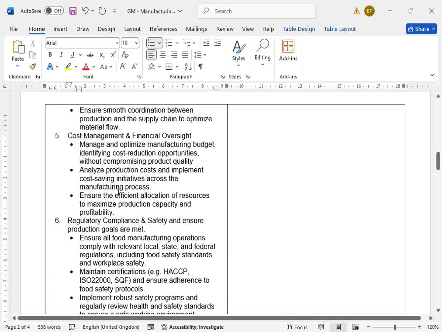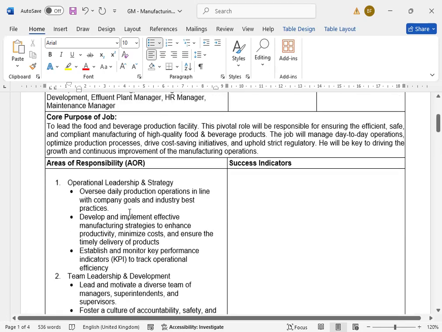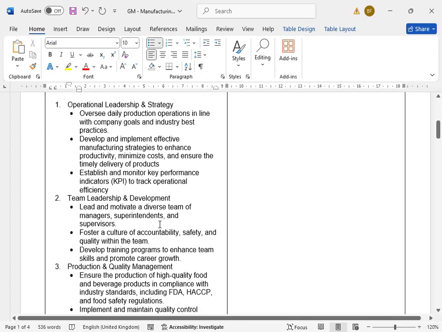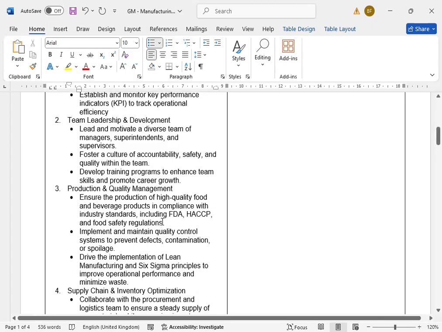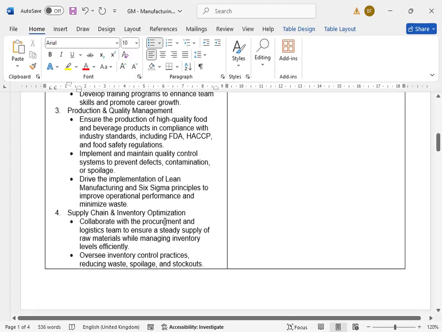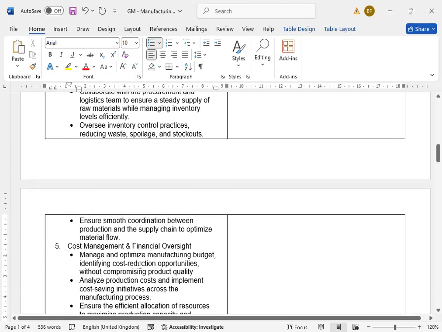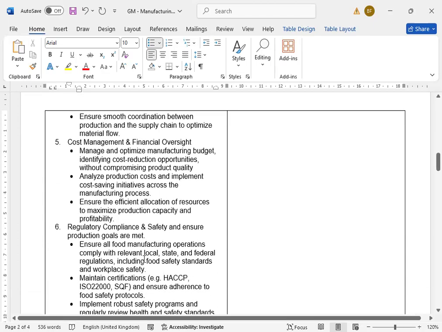So I have done already. Okay, operational leadership and strategy, number one. Number two, team leadership and development. Number three, production and quality management. Number four, supply chain and inventory optimization, cost management and financial oversight, and regulatory compliance and safety.